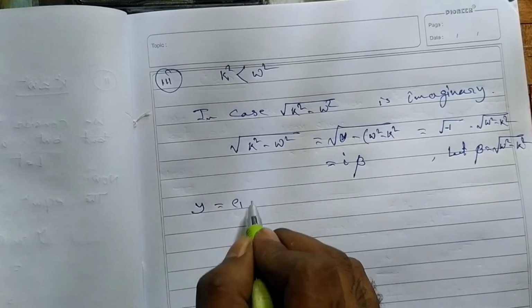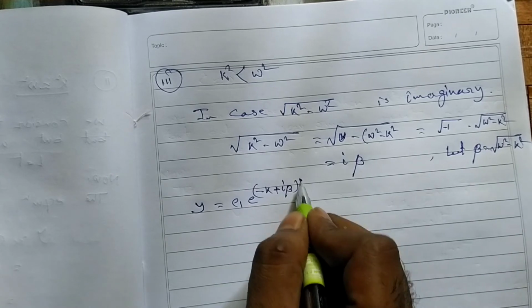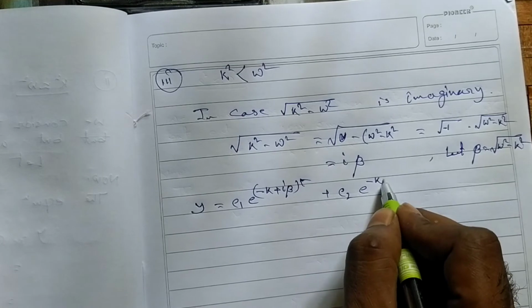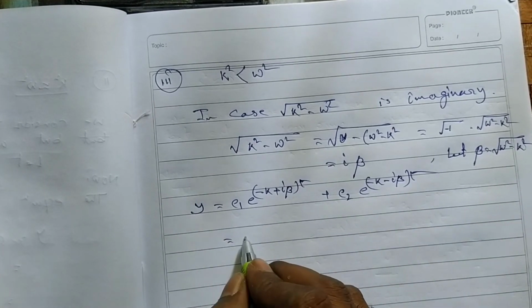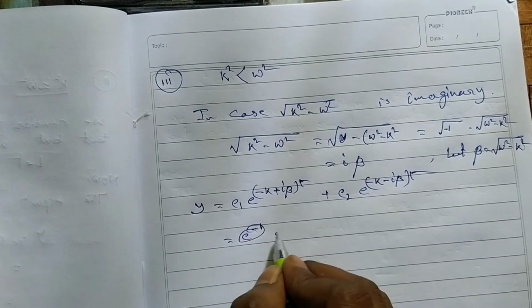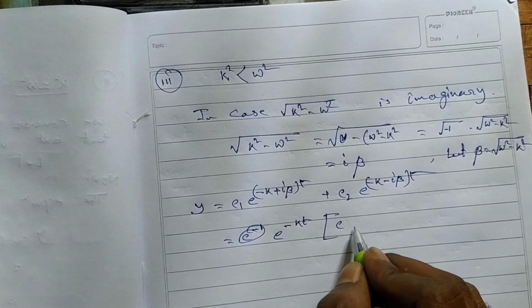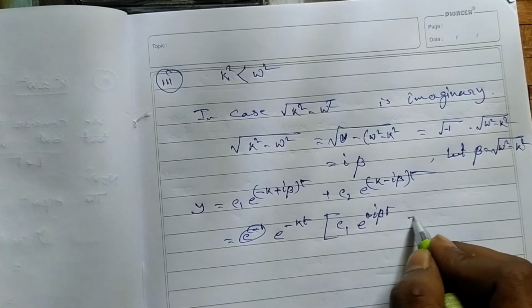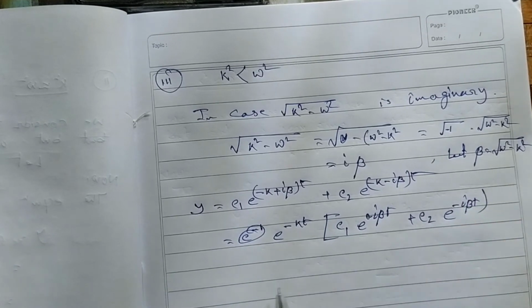y is equal to c1 e to the power minus k plus i beta t plus c2 e to the power minus k minus i beta into t. Exponential of minus kt times c1 e to the power i beta t plus c2 e to the power minus i beta t.